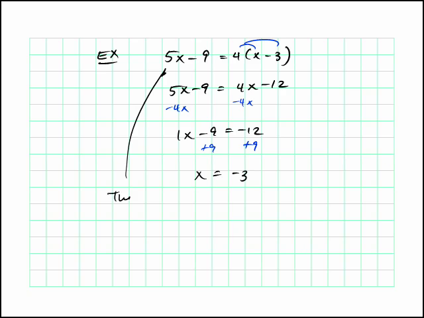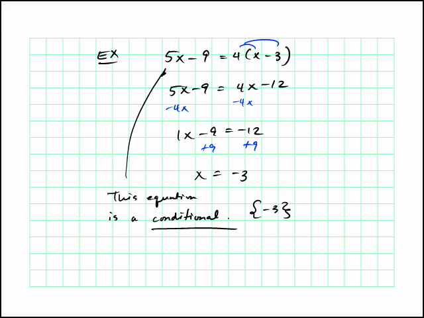This equation is what is called a conditional. Equations which have solutions are conditionals, meaning that they are true given the right condition, and that condition is x has to be negative 3.